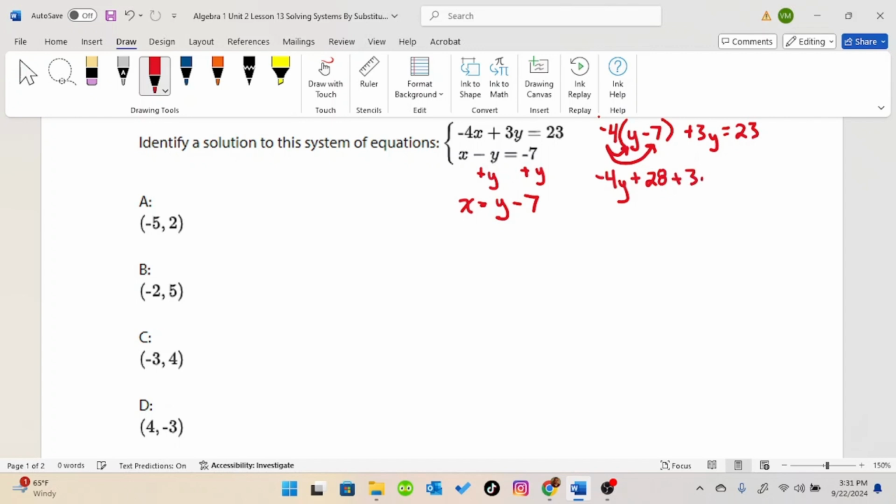And then we have plus 3y equals 23. Now I'm going to combine the like terms. -4y plus 3y equals negative y.